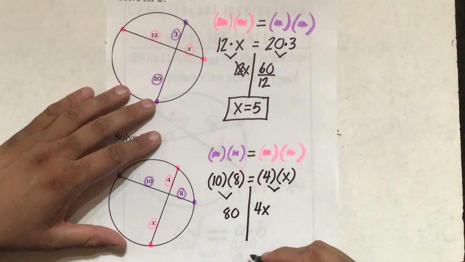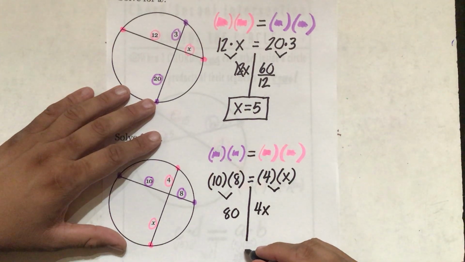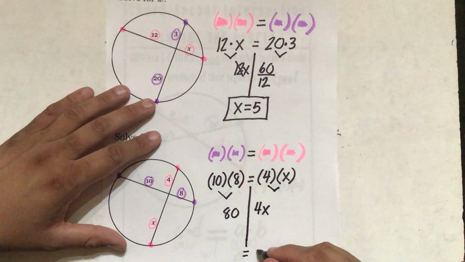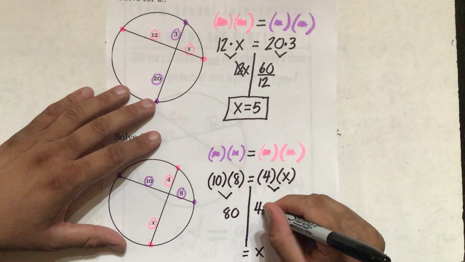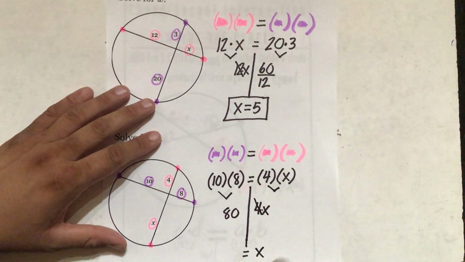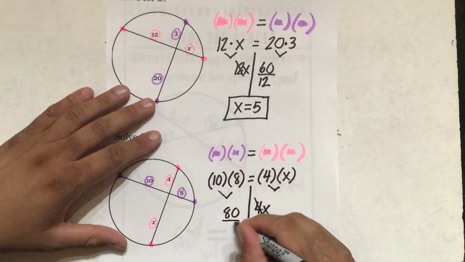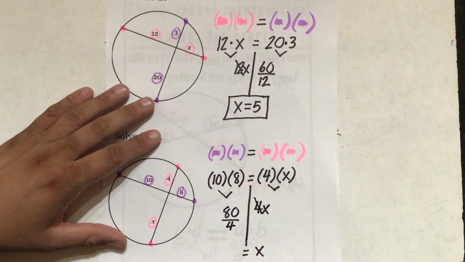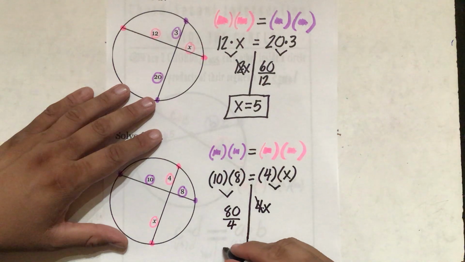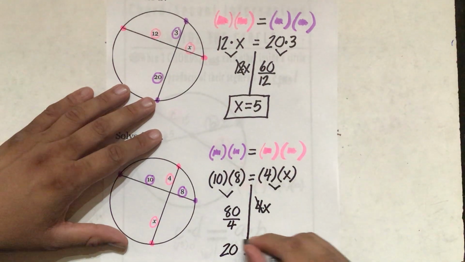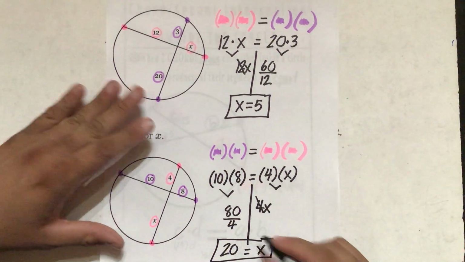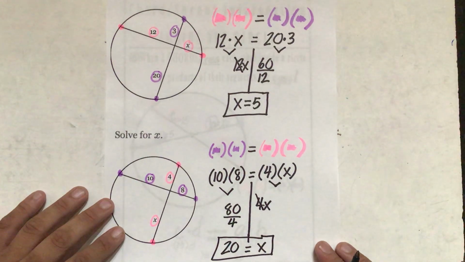Now I want to solve for x here. My goal is to get x by itself here. So this means 4 times x. So the inverse of multiplying by 4 is dividing by 4. 80 divided by 4 is 20. So my x is equal to 20.